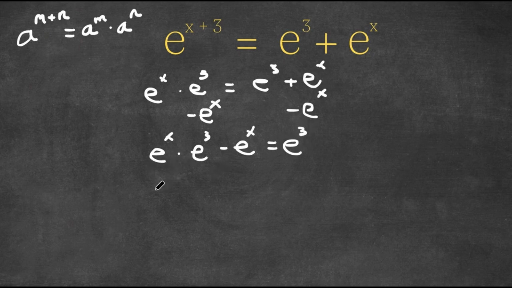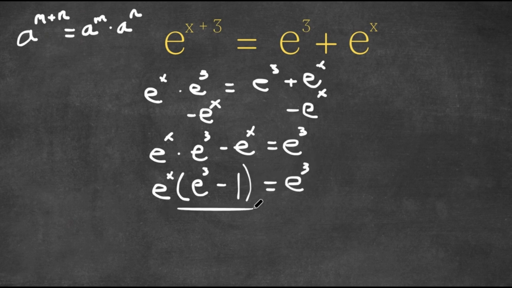So now if I factor out e to the power of x, we get e to the power of x times e to the power of 3 minus 1, because e to the power of x times e to the power of 3 divided by e to the power of x is simply e to the power of 3, minus e to the power of x divided by e to the power of x is 1. This is equal to e to the power of 3.